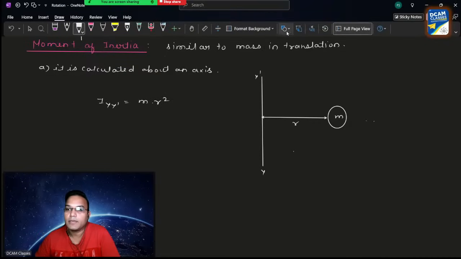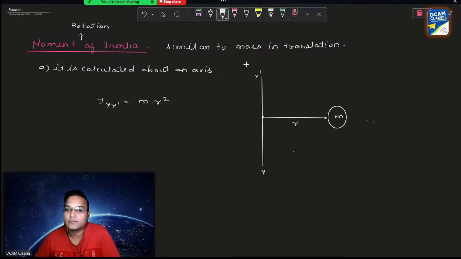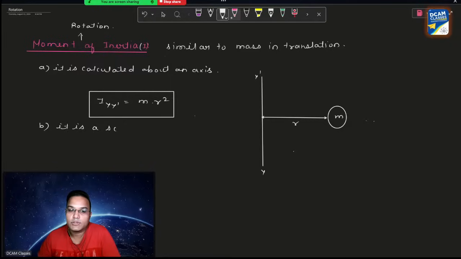This is the important part. Now, like mass, moment of inertia is a scalar quantity. It is represented by I and it is a scalar quantity.